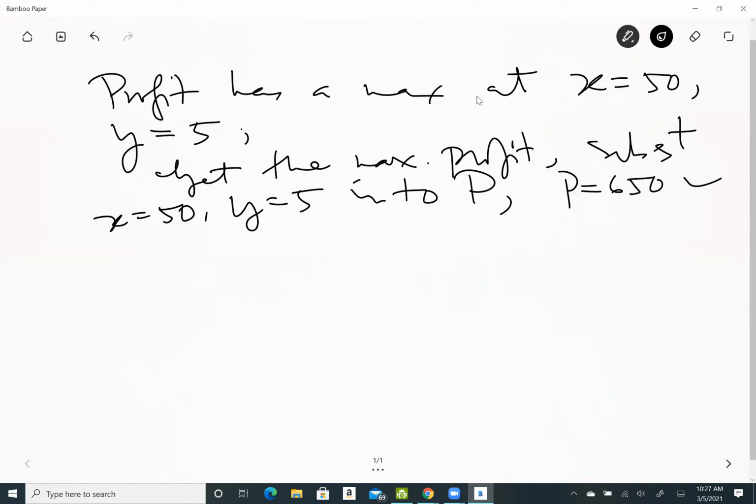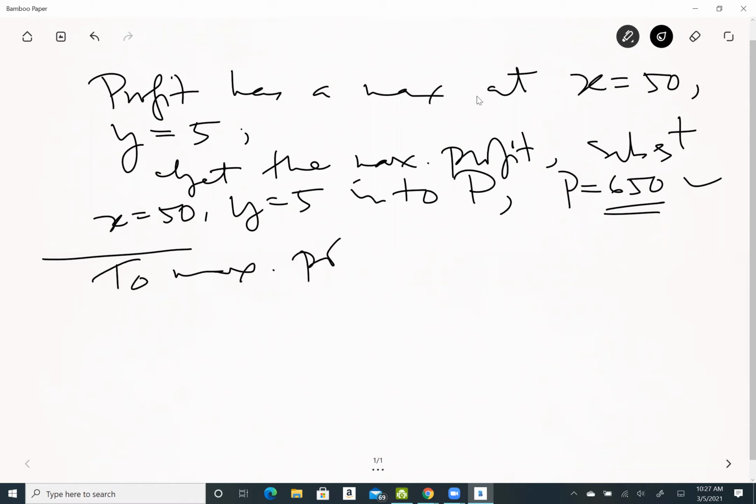Maybe you just put it into the profit function and see that's what you get. So now what is our conclusion? To maximize profit, how much do you have to sell?